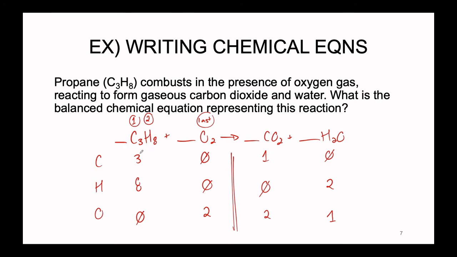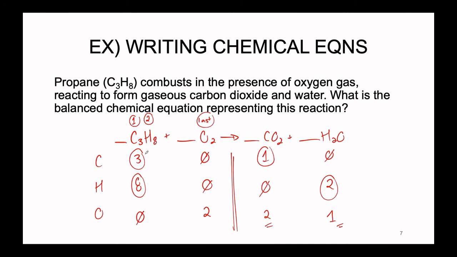Carbon starts in one molecule and ends in one molecule. Similarly, hydrogen starts in one and ends in one. Oxygen starts in one and ends in two different places. So this can make oxygen a little bit tricky to balance, and we're going to save it for last.